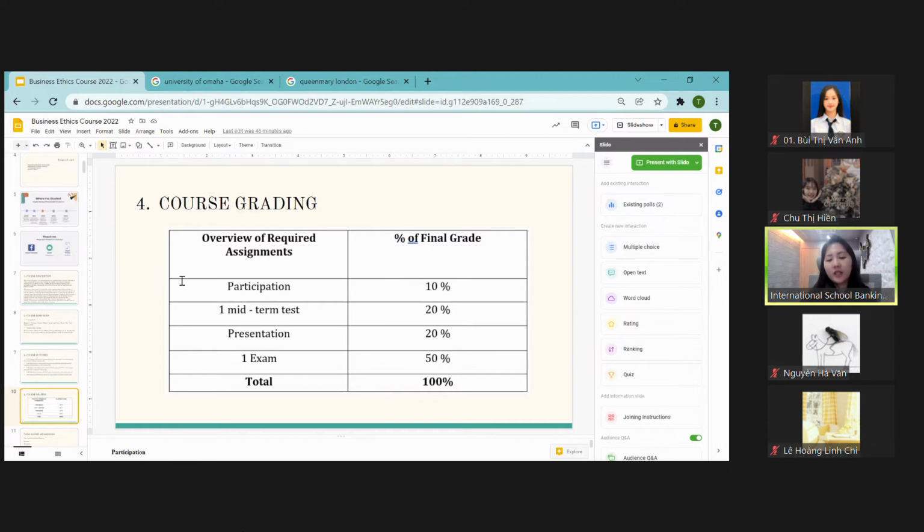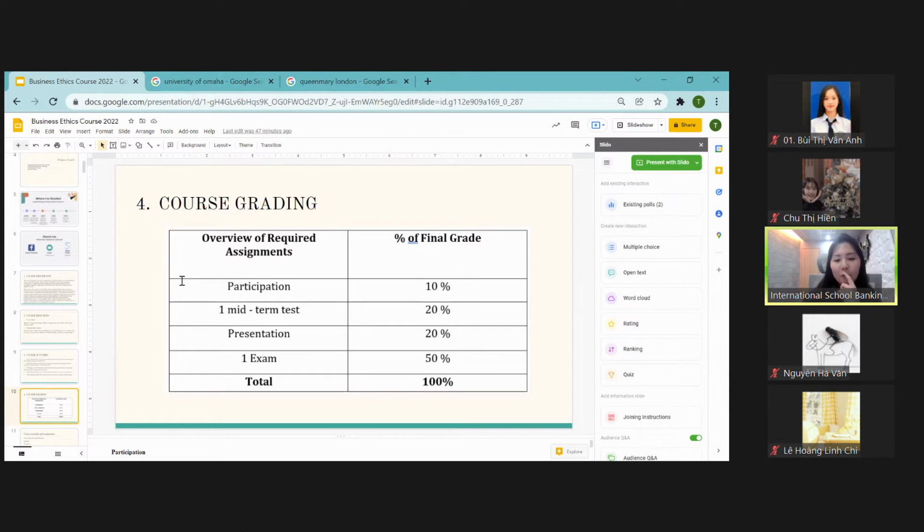The midterm test is going to be very similar to the final exam, or I can say it's going to be a mini exam, so that it gives you a heads up and a practice for the final exam.